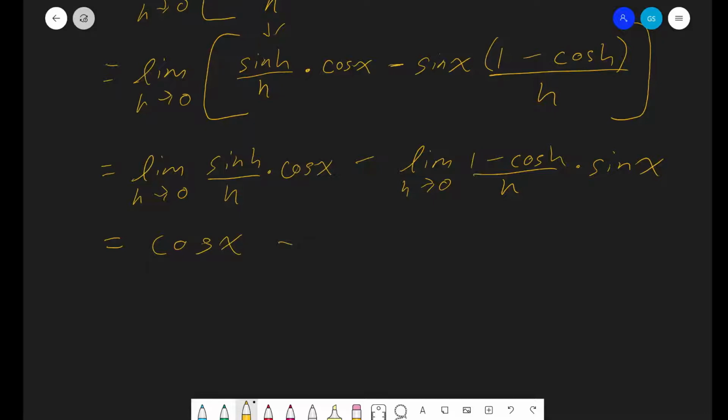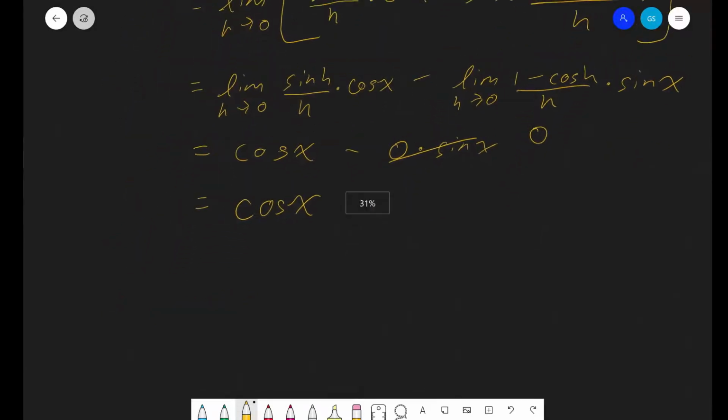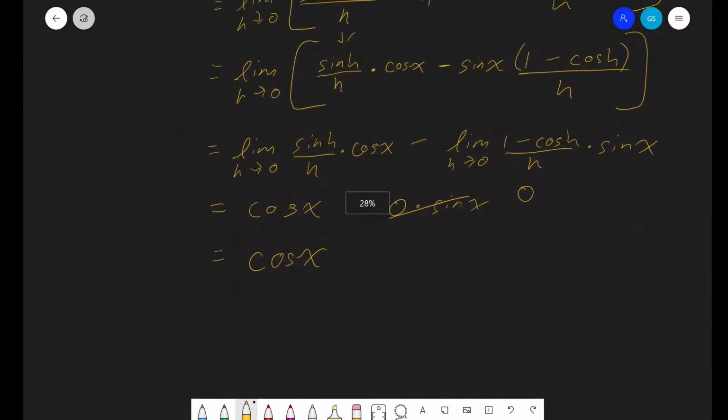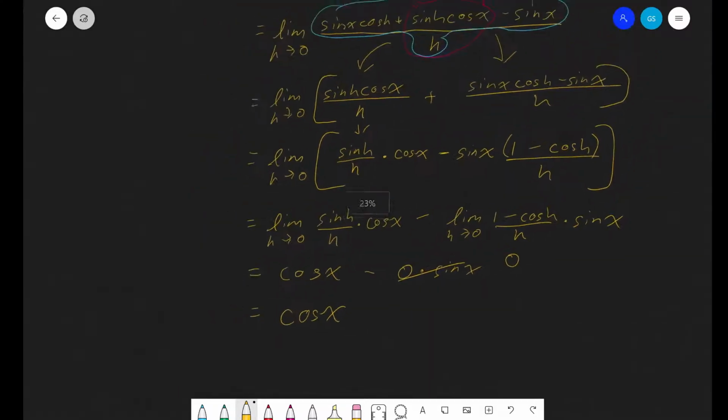Subtracting the limit of 1 minus cos h over h, well, that's just 0 from the last video, and again, nothing's happening with the sine x because there's no h value. Multiplying by sine x, and 0 multiplied by anything is just nothing, right? This just becomes 0, and therefore, drum roll, well, I've already spoiled it, the derivative of sine x is actually cos x. Who would have thunk?